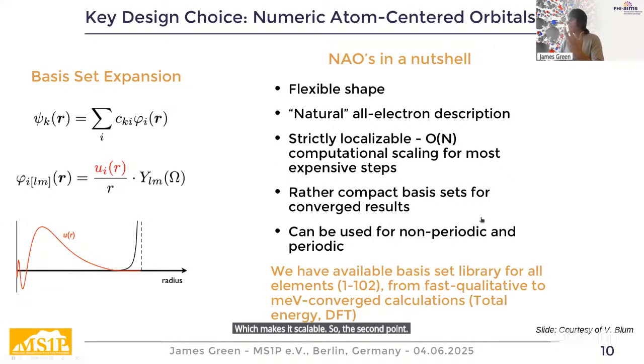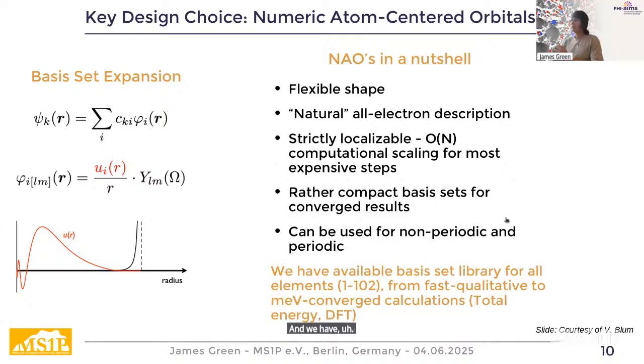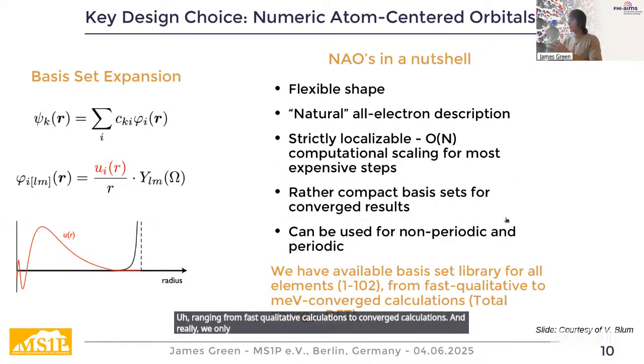And as well, these NAOs can be used for both non-periodic and periodic calculations, so satisfying the final point from the previous slide. And we have a basis set library available with these NAOs in the FHI-aims code, ranging from fast qualitative calculations to converged calculations. And really, we only need a rather compact basis set for converged calculations as well, which is quite nice.